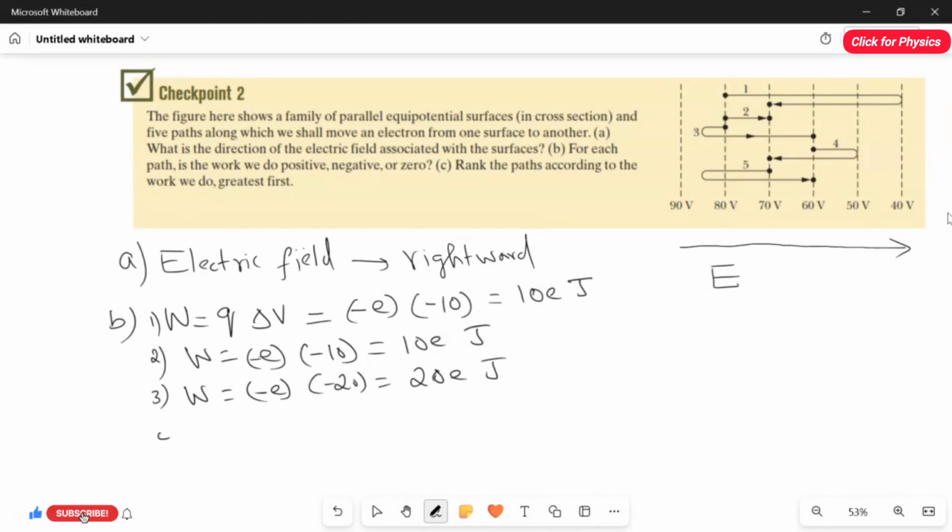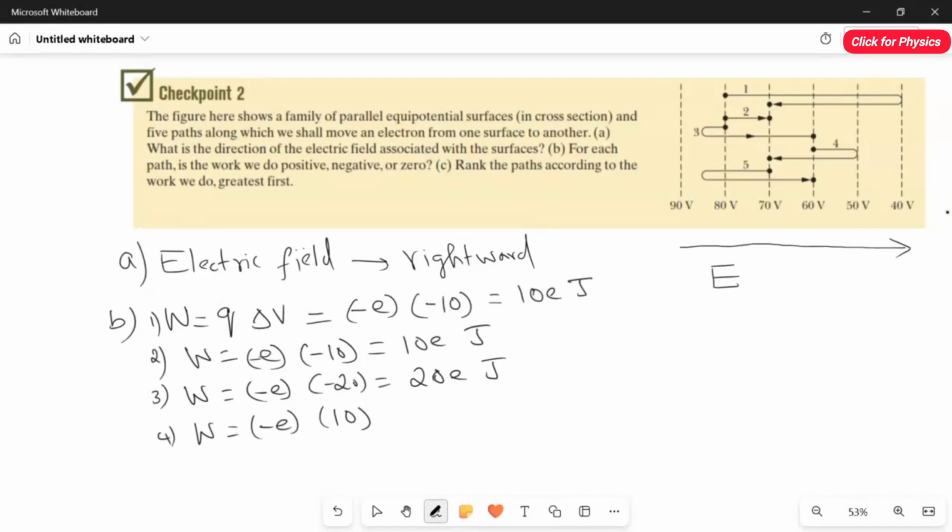Then the fourth path is different, moving from 60 volt to 70 volt. Here W is equal to minus E, the charge, times the final minus the initial potential, which is 70 minus 60, so the potential difference here is 10.